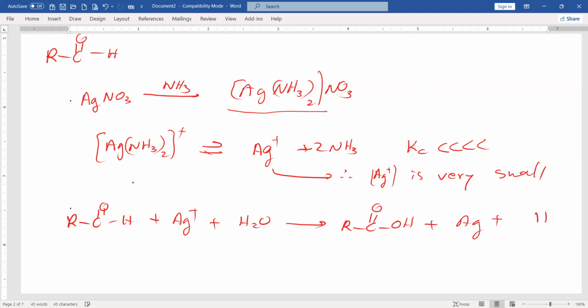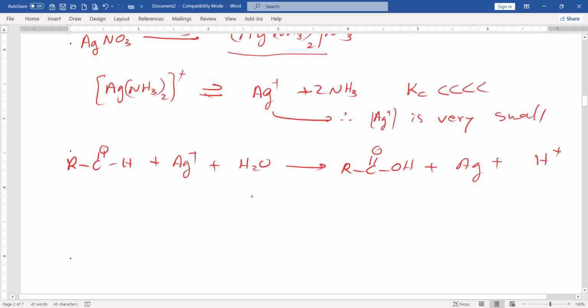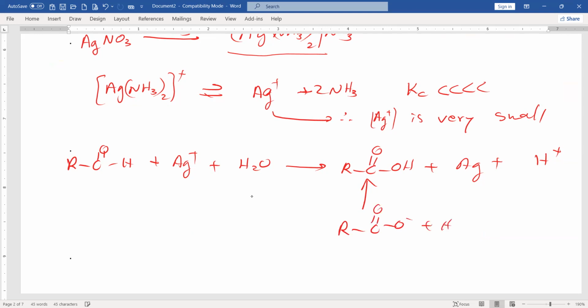Something happens in this way. Then what happens? As the medium is basic, normally we don't get this acid. The acid will react with the base, OH minus, and water will be produced, because the medium is basic.